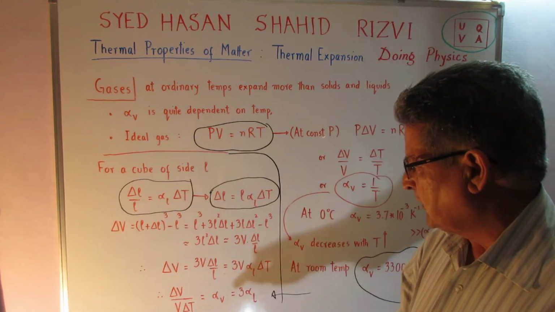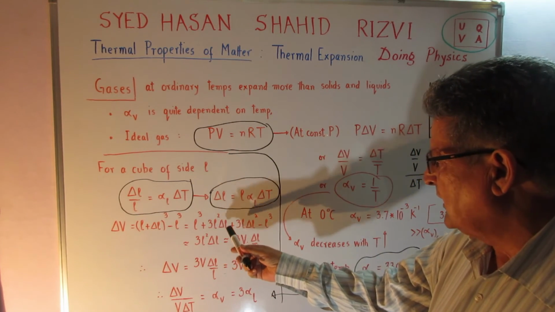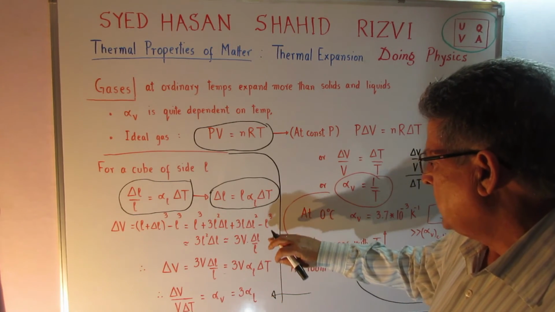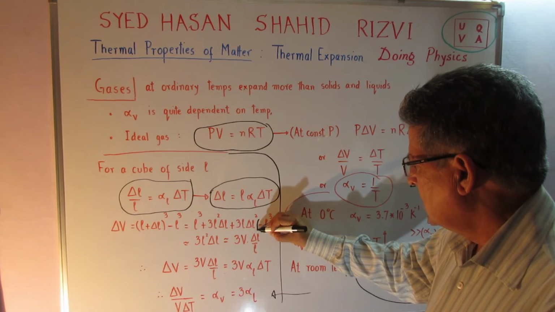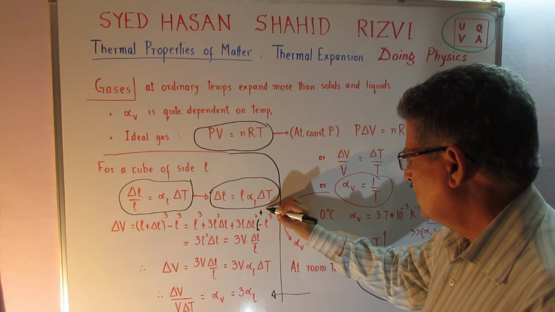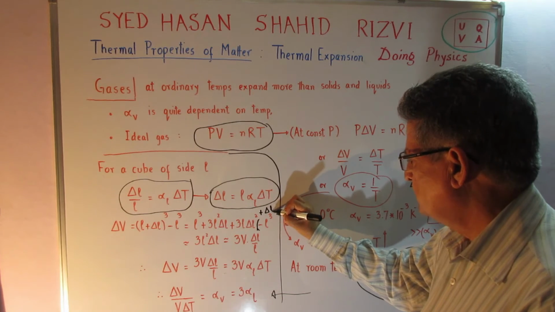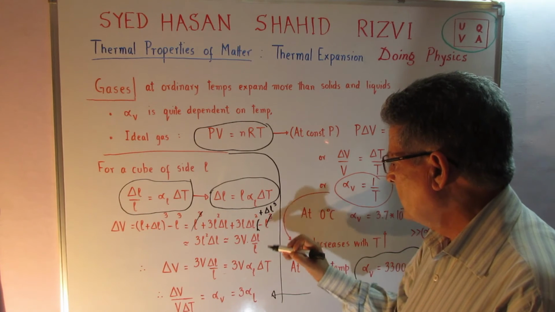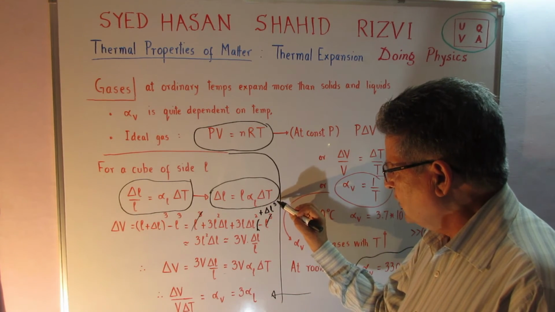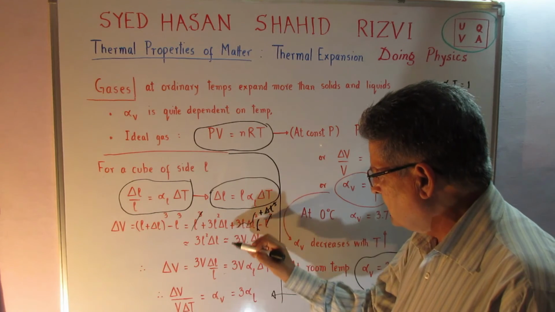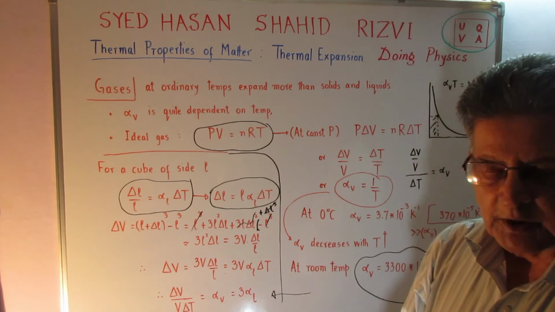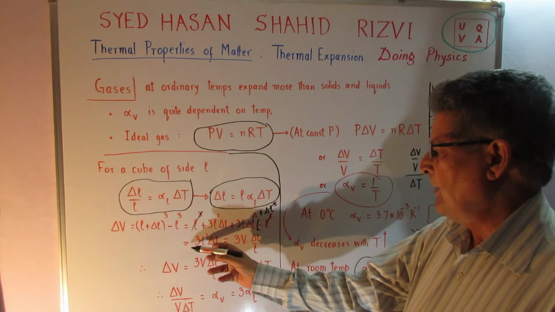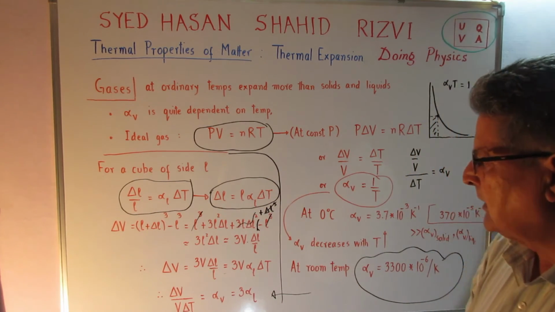When I expand this quantity, I get L cubed plus 3L squared delta L plus 3L delta L squared plus delta L cubed. The L cubed will cancel with L cubed, and the terms containing delta L squared and delta L cubed are negligibly small, so what is left is approximately 3L squared delta L.